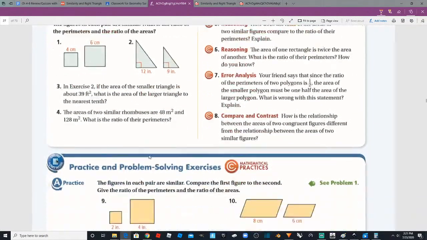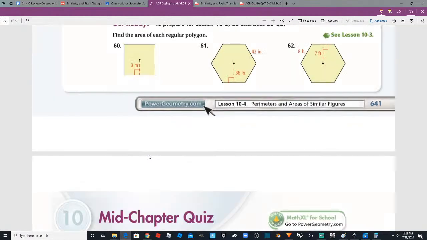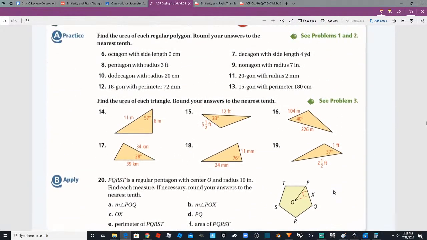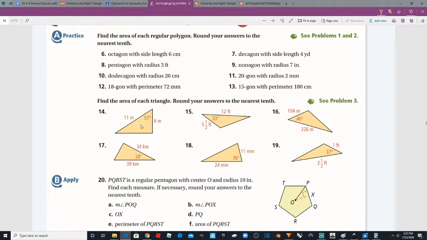Actually, this one was kind of weird. I actually want to review this.